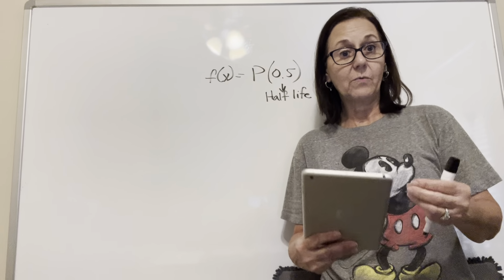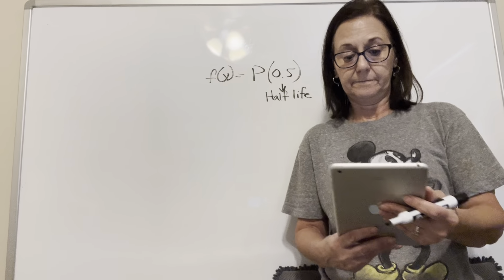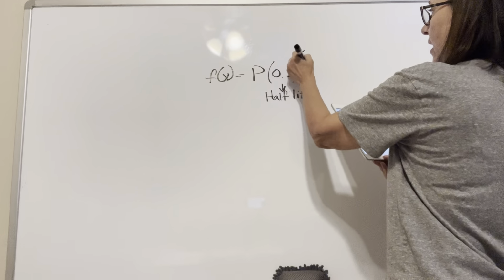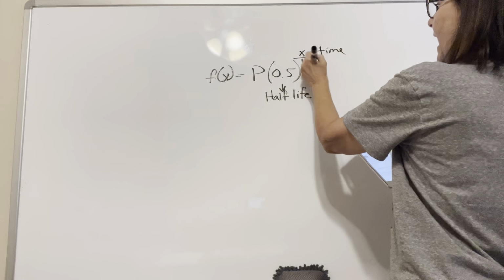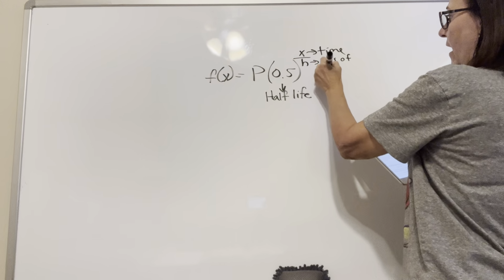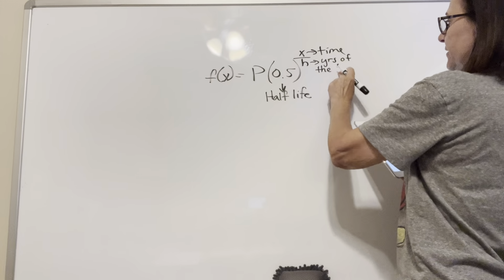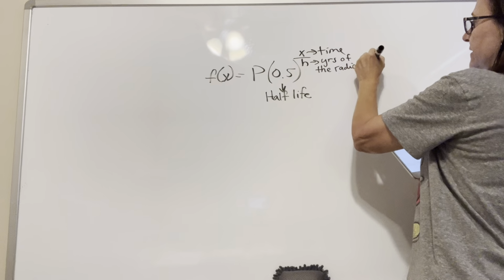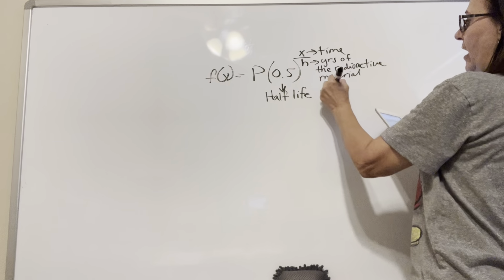That's what half-life tells us. And we're going to be dealing mostly with carbon-14. All right, raised to the x, which is time. So x is going to be your time. And H is going to be the years of the radioactive material half-life.